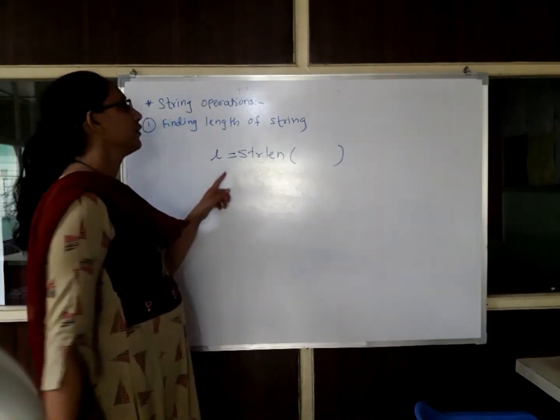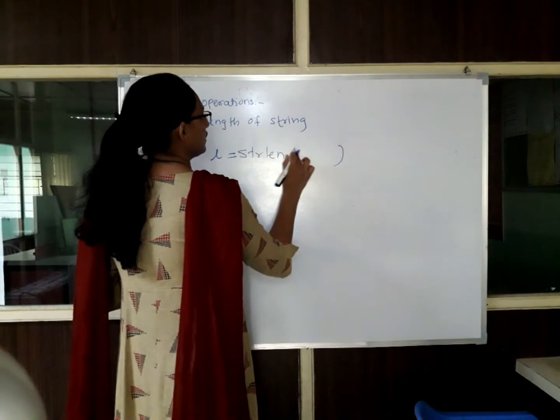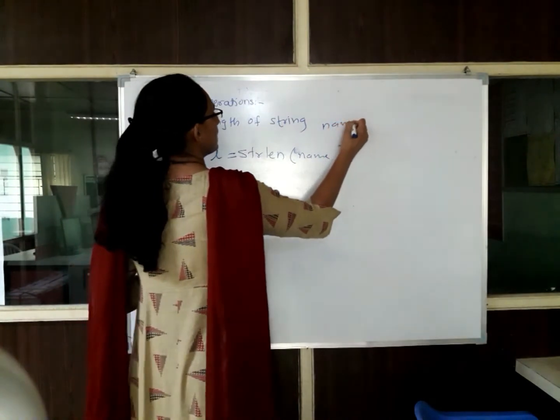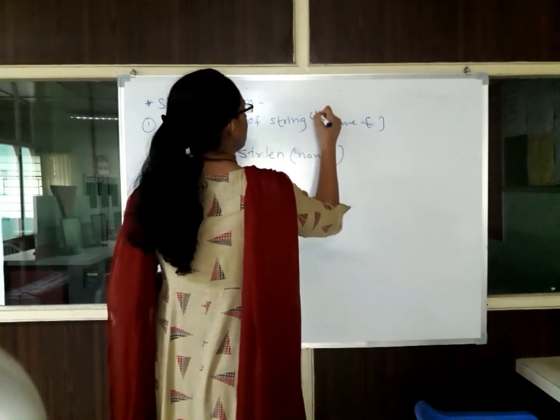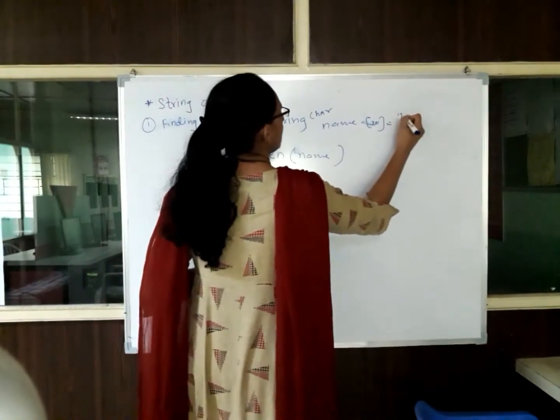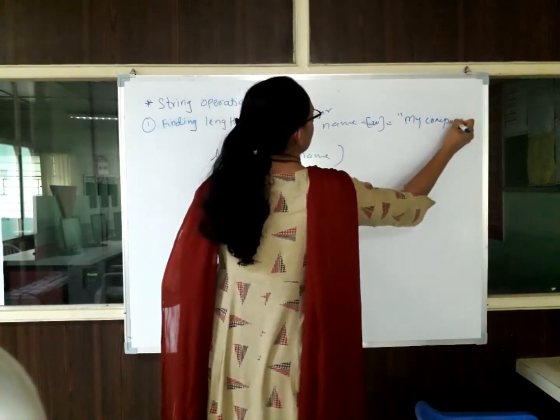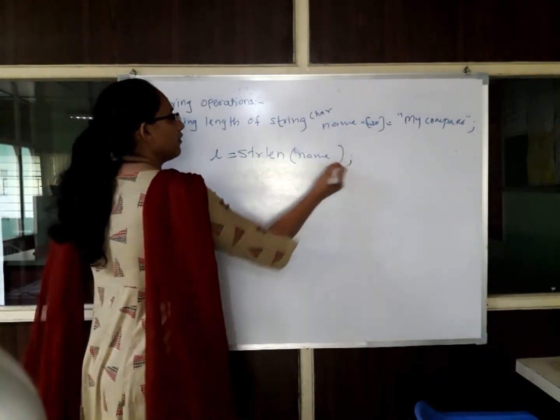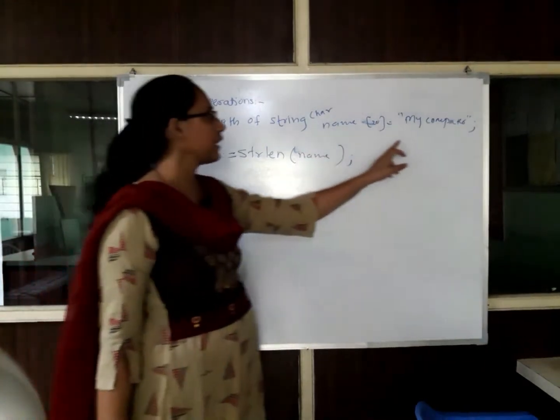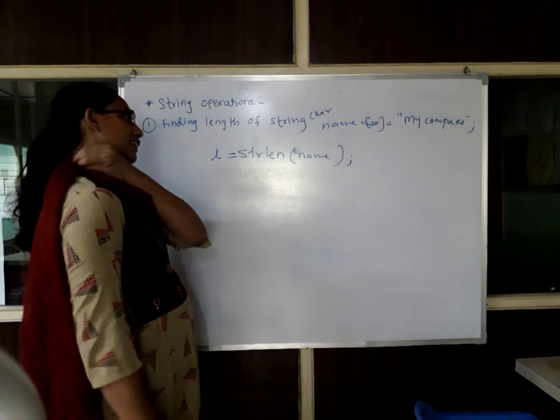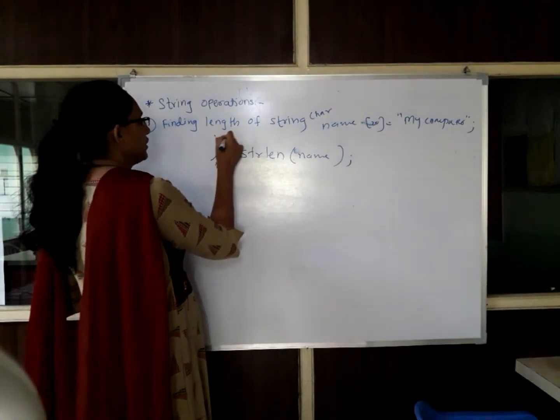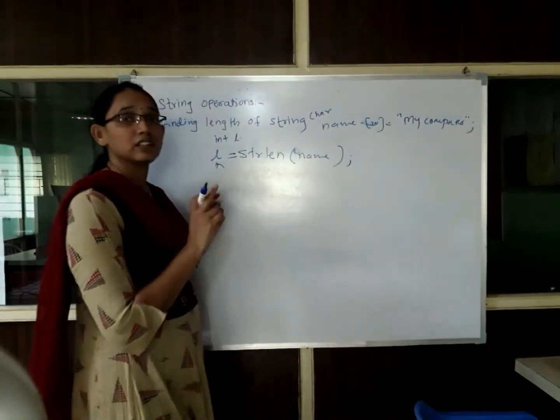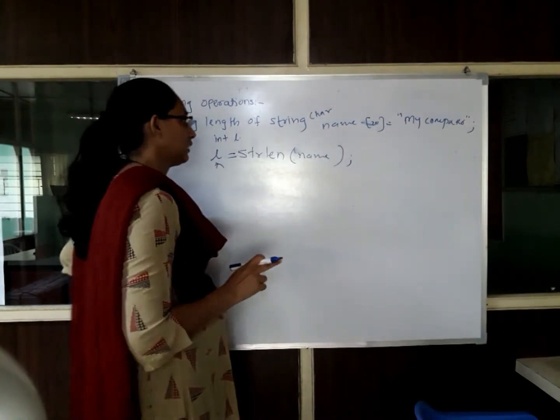Suppose the string is stored in the name array, and name contains "my computer". By using this library function strlen, where we are passing the name string in which "my computer" is stored, it will return in the L variable, which is of integer type, the number of characters in that string name.